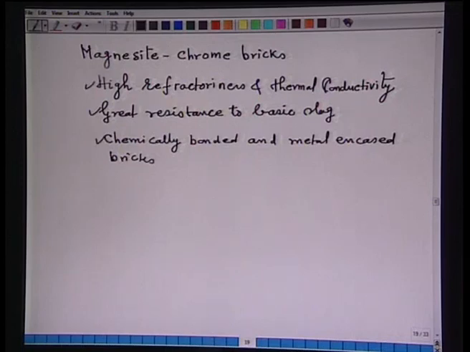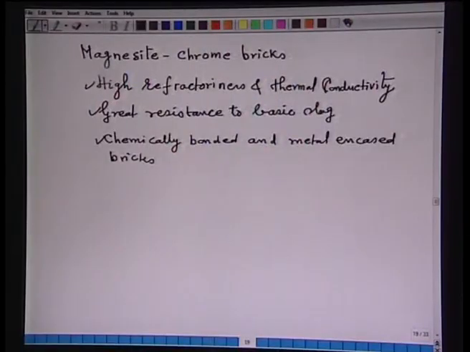Now, let us see, as I have repeatedly noted, refractoriness, spalling, resistance to chemical attack. What are the properties of the refractory material? So, let us understand little bit about properties of refractory materials.